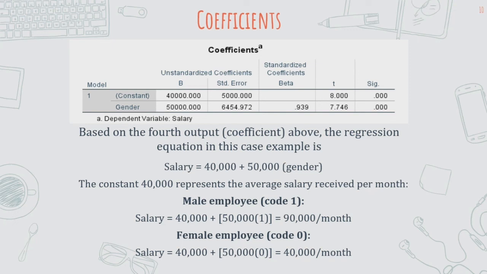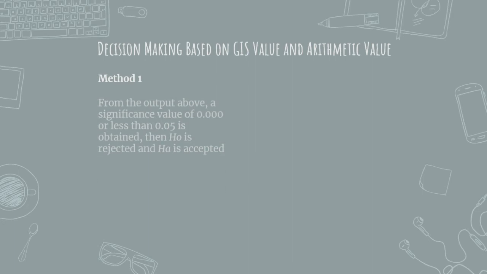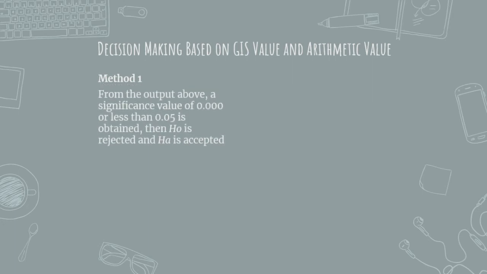And then we need to make a decision based on the significance value and the t-count value. Method 1: from the output above, a significance value of 0.000, less than 0.05, is obtained, so H0 is rejected and HA is accepted.